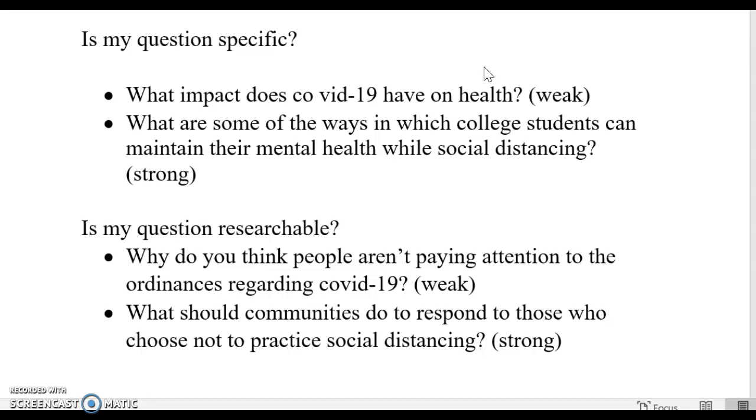And we don't really have time to research that kind of question for this particular assignment. So as opposed to a question like, why do you think people aren't paying attention to the ordinances regarding COVID-19? Something that might be a little bit more manageable and have some more concrete evidence is, what should communities do to respond to those who choose not to practice social distancing?